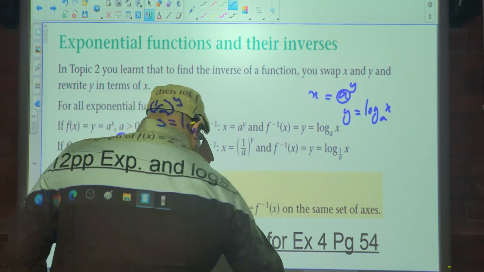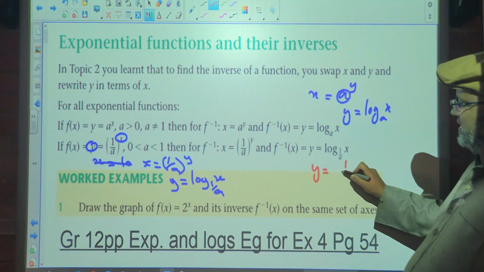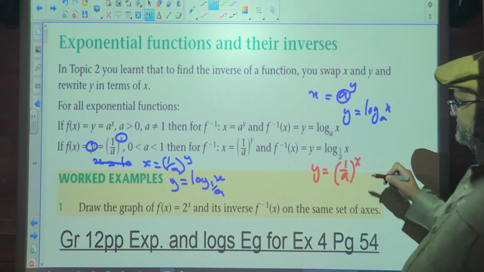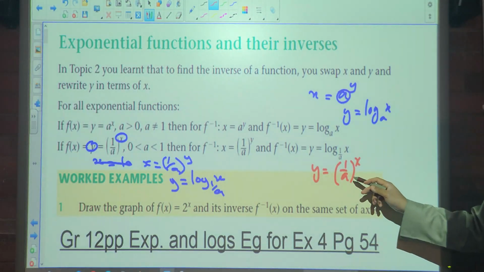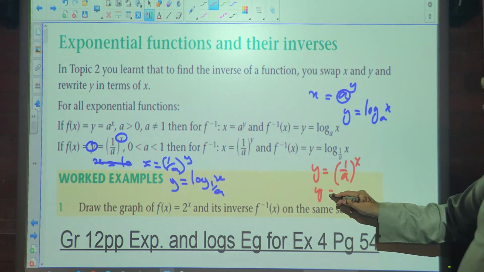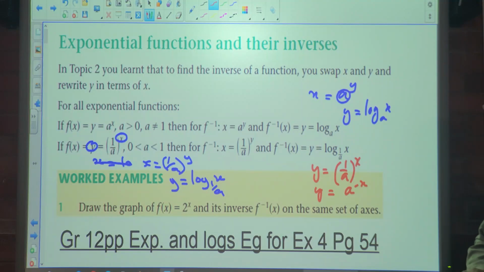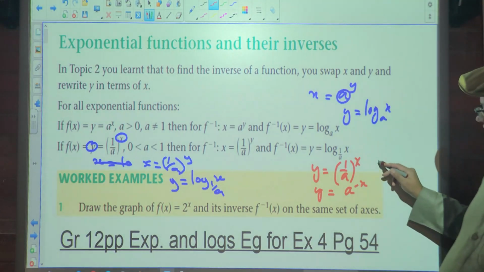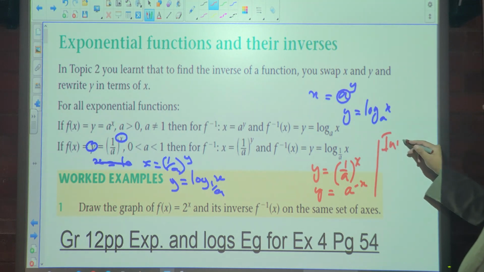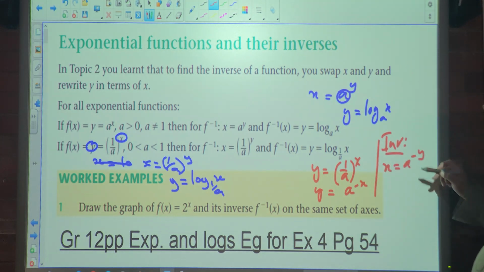But this is something I need to show you at this point as well. If you've got y is equal to 1 over a raised to the x, 1 over a can also be written as a to the minus 1. So this could also be written as a to the minus x. So if we go for the inverse function, we interchange x and y, so x is equal to a to the minus y.